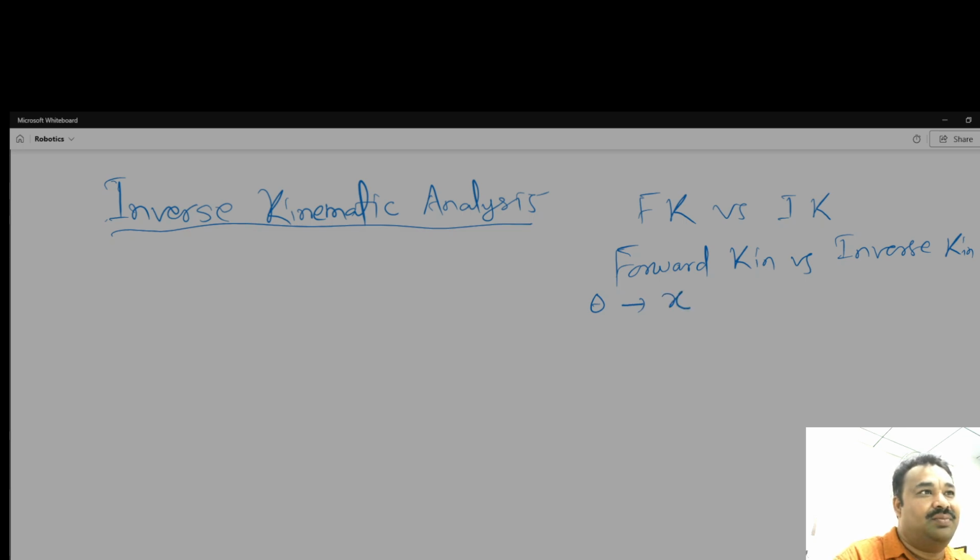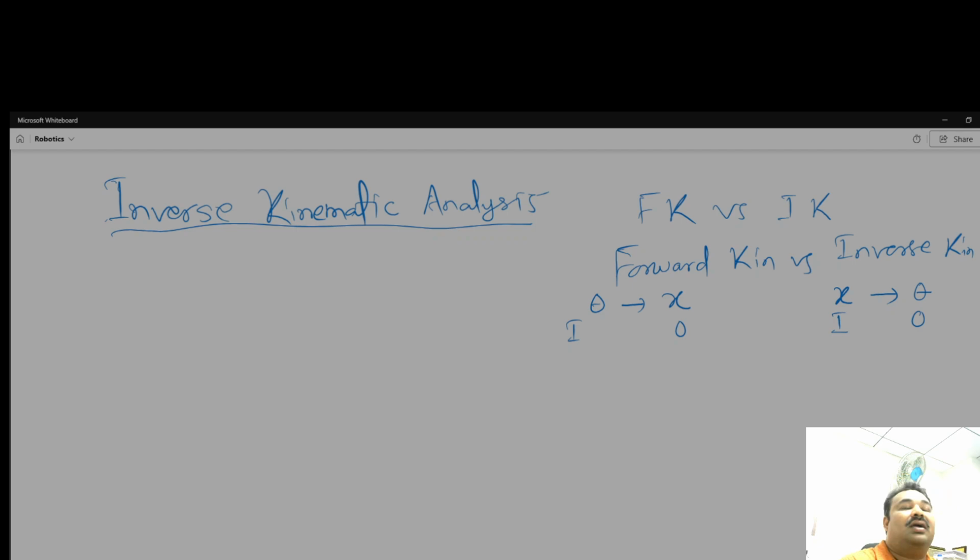It is input and it is output. But in the case of inverse kinematics, for the given Cartesian coordinates, what will be the joint angles? Now here, the output becomes input, and theta is the output.